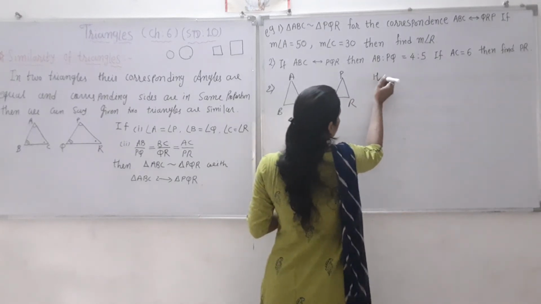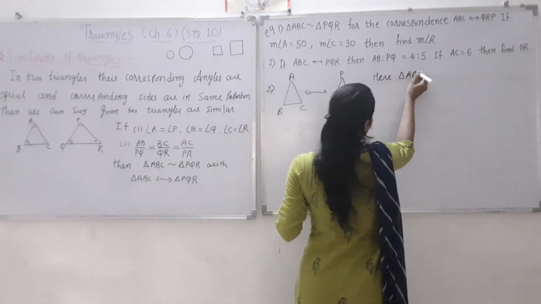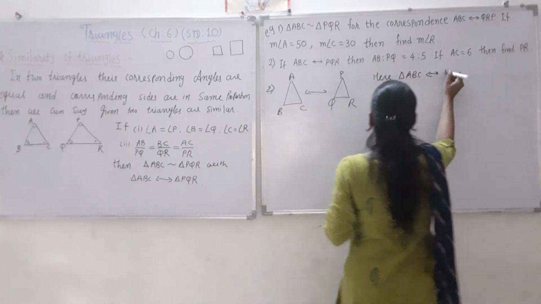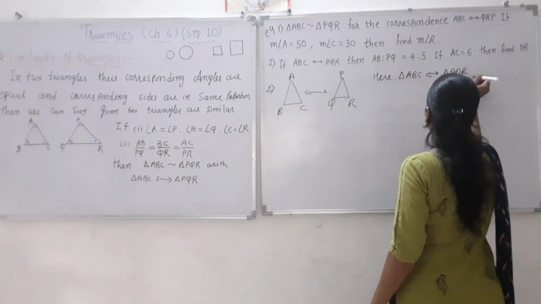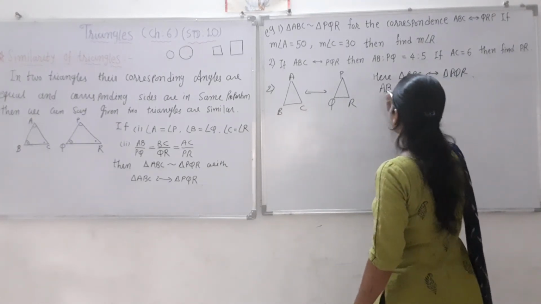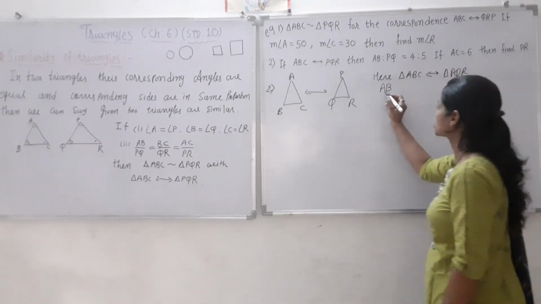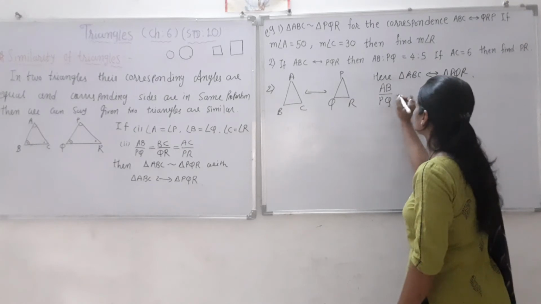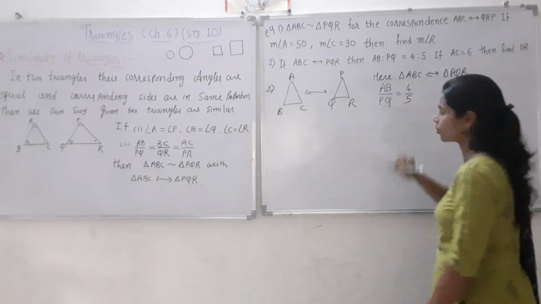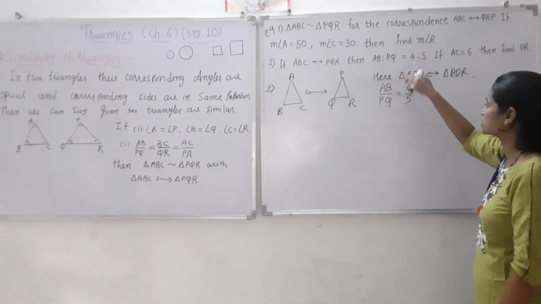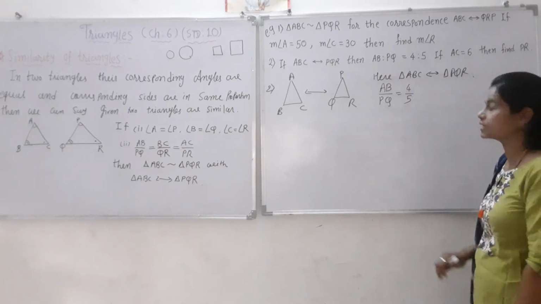Here, triangle ABC corresponds to triangle PQR, and what is given? The ratio AB to PQ is equal to 4:5. So you can write AB upon PQ is equal to 4/5. Remove the ratio sign and write it this way.